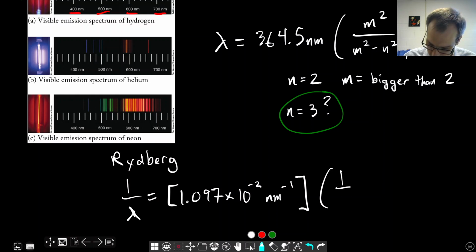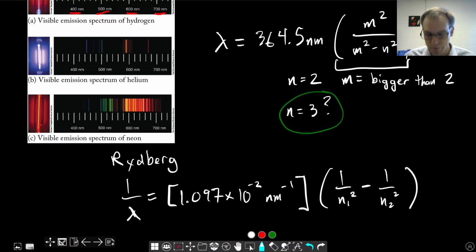Then we have a rearranged version of the equation above: 1 over n1 squared minus 1 over n2 squared. This is the Rydberg equation that describes the emission or absorption spectrum of hydrogen, meaning the light that's given off when we send electricity through hydrogen. It doesn't work for helium or neon, but it does work for hydrogen.